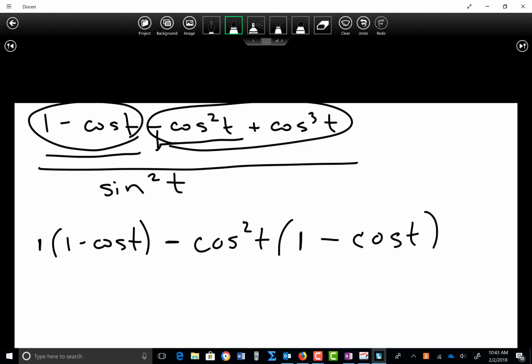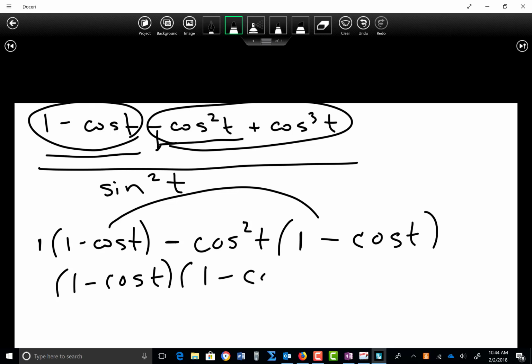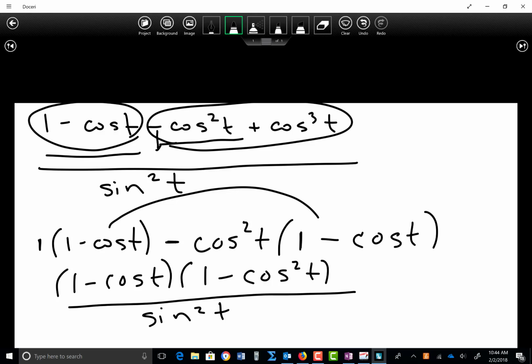Now look at what's happened. The thing in parentheses is the same, so it's now my common term, and I'm going to pull it out. And what I have left over is 1 minus cosine squared. And on the bottom, I still have sine squared. Now, we just got through saying that 1 minus cosine squared is equivalent to sine squared.